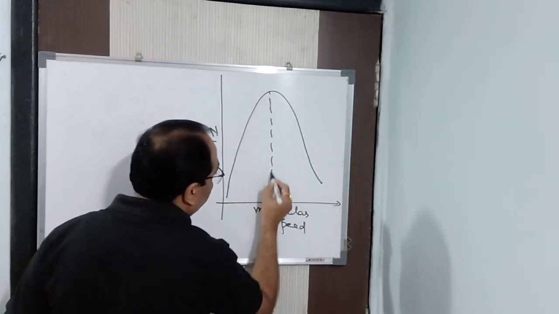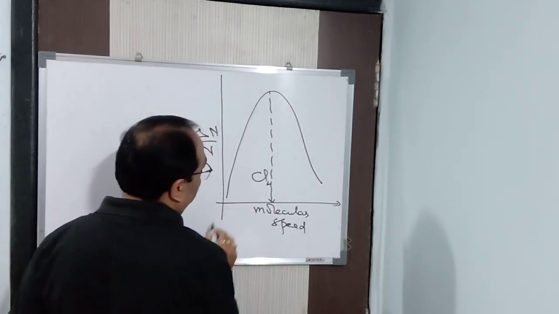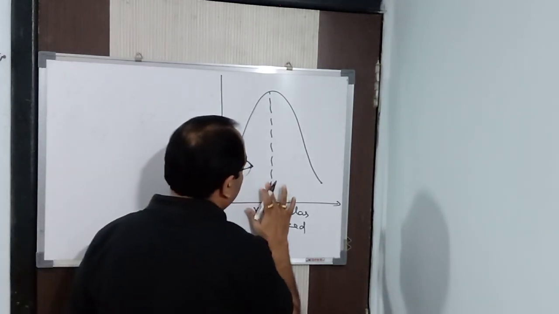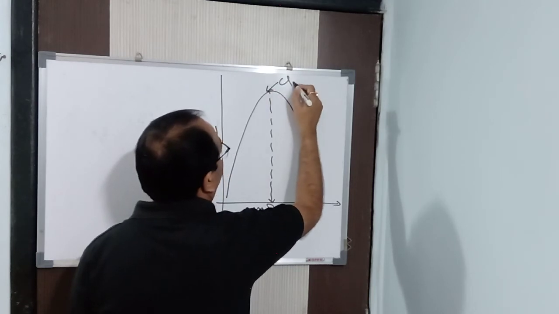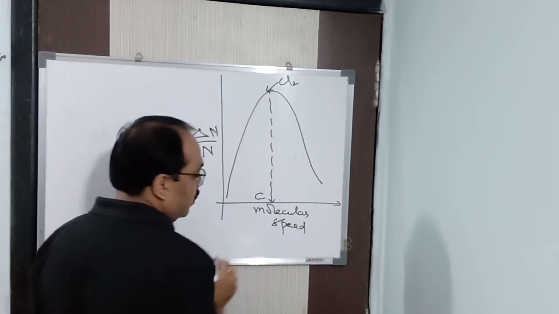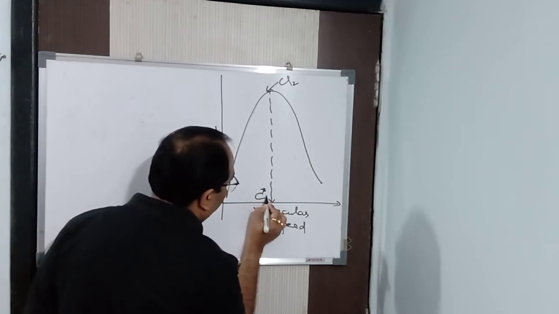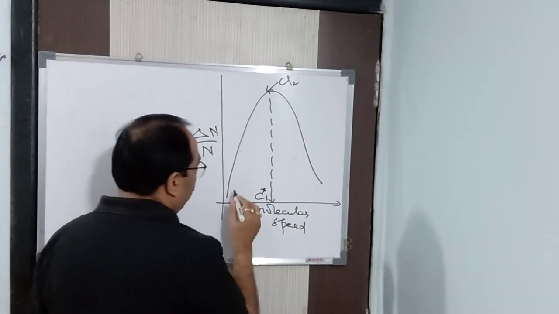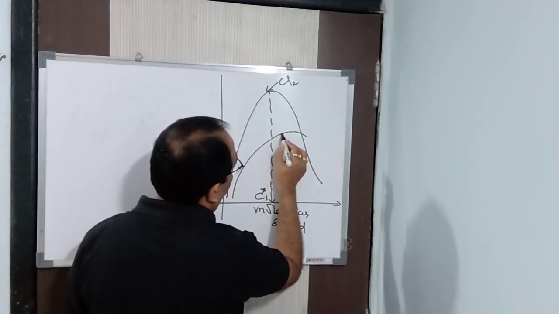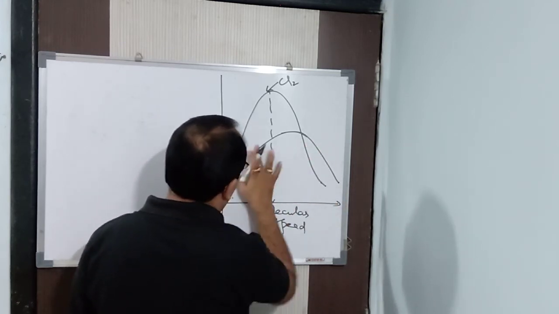This is the most probable speed of chlorine, let us say C star 1. Now for nitrogen, I get this sort of graph. So hence, let me do it properly.